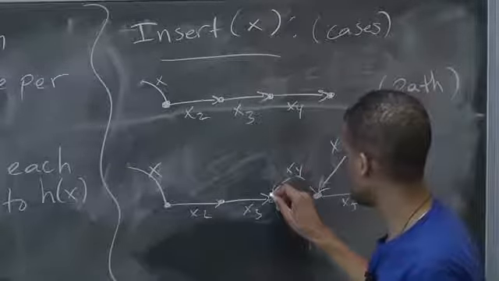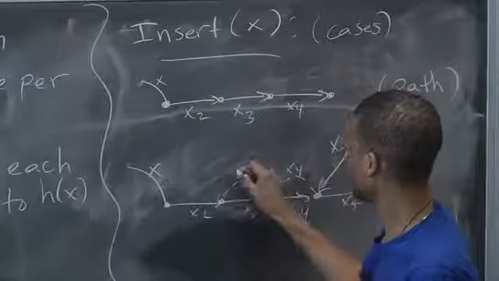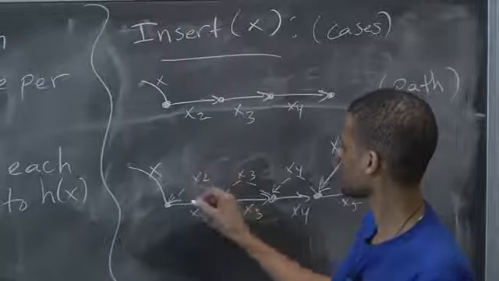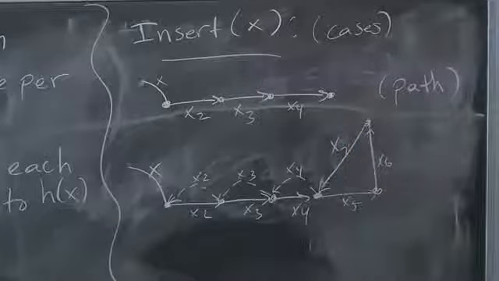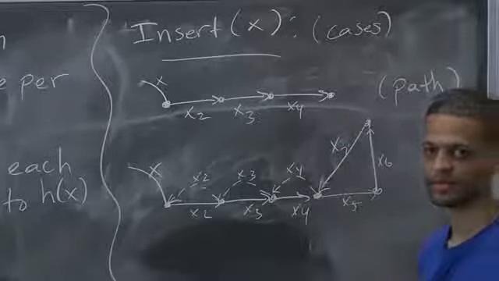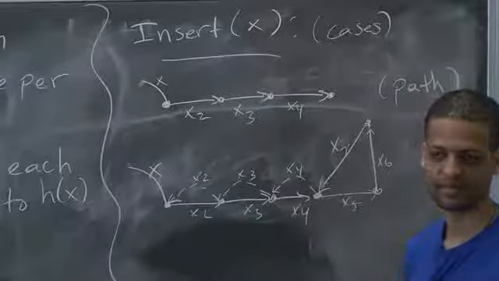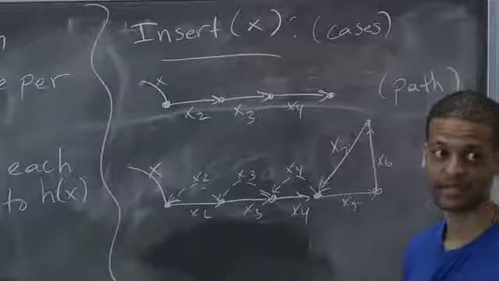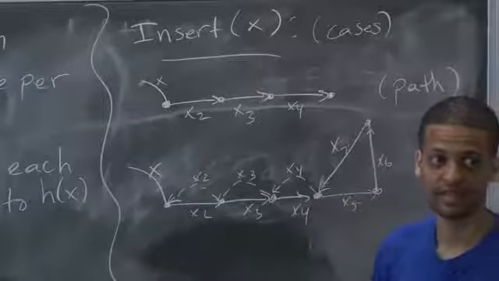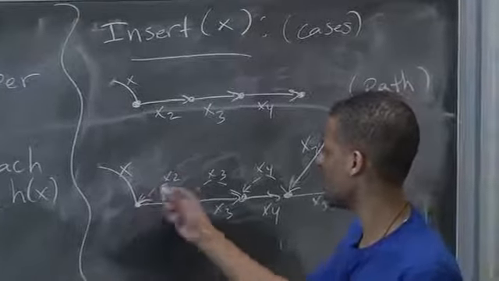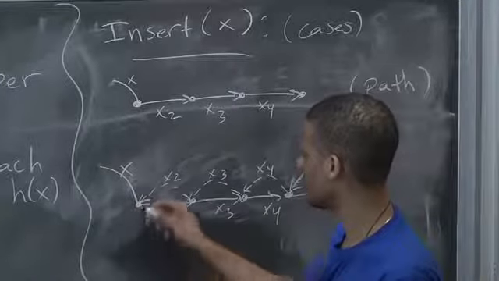So x3 now has to go back. And x2 now has to go back. And then now what happens? Yeah, so that was g of x, so now we push x into h of x.